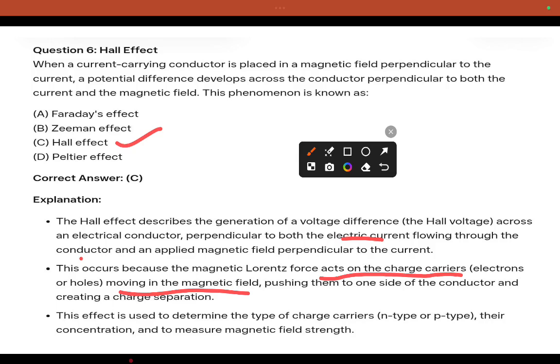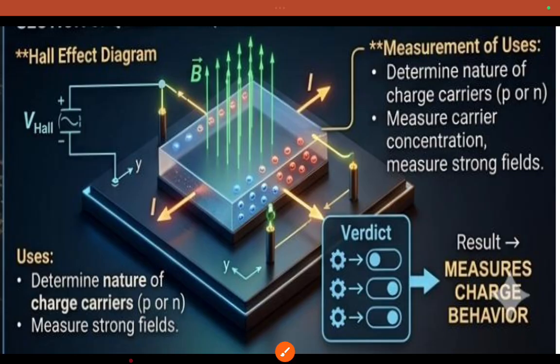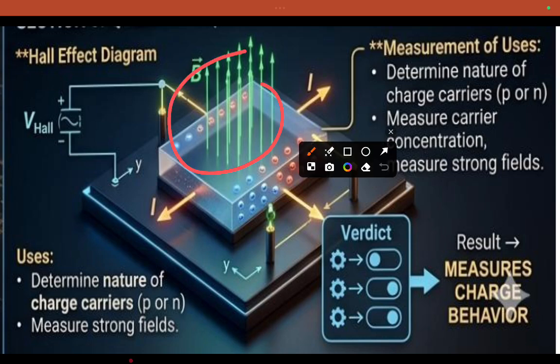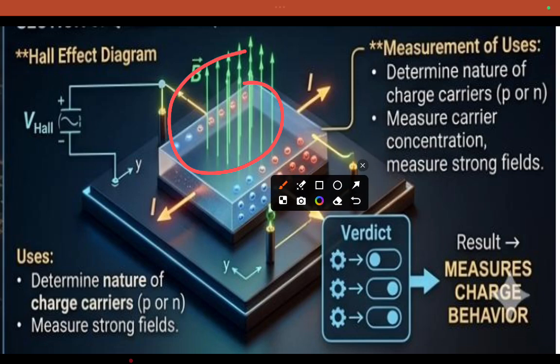This effect is used to determine the type of charge carriers, either N or P type, their concentration, and to measure magnetic field strength. Here is the Hall effect diagram, where you can see the potential developed across the conductor.